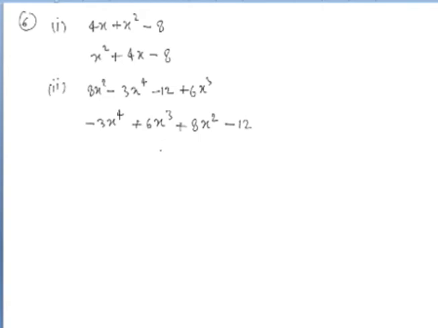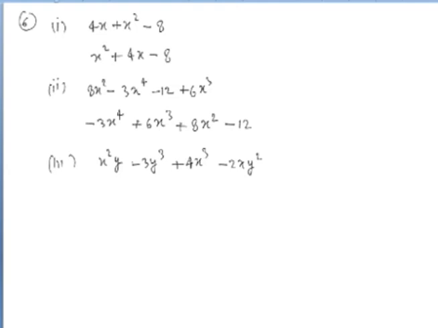Question number third. x square y minus 3y cube plus 4x cube minus 2xy square. So here are two variables x and y, but the question is saying arrange in the decreasing degree of x.